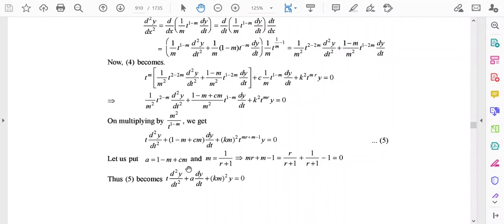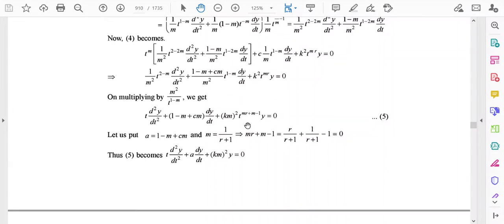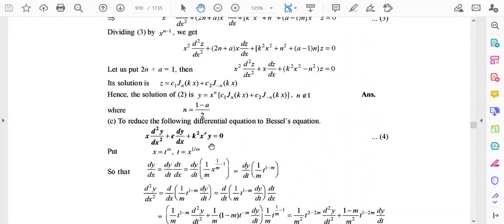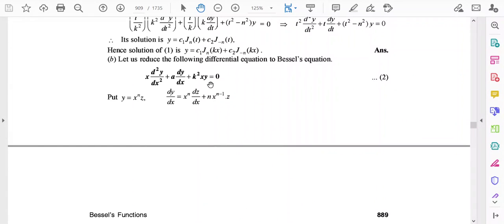You see that the third term is like this, km whole square t to the power mr plus m minus 1 into y is equal to 0. Now we have to keep y as it is, just like this one, that is k square x into y. So we are keeping y as it is.